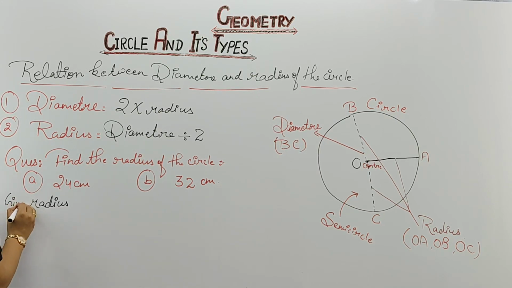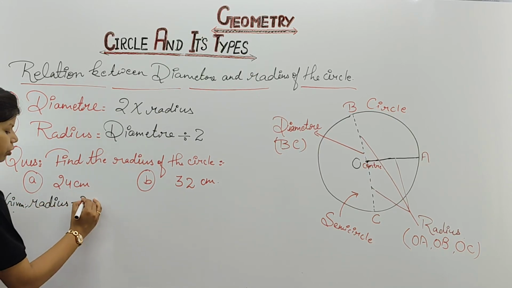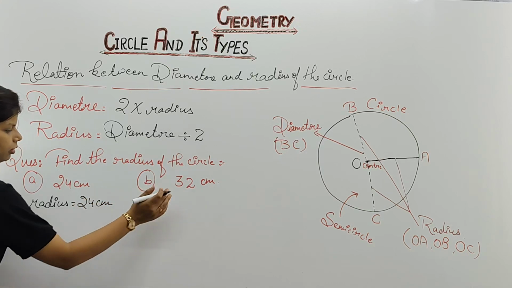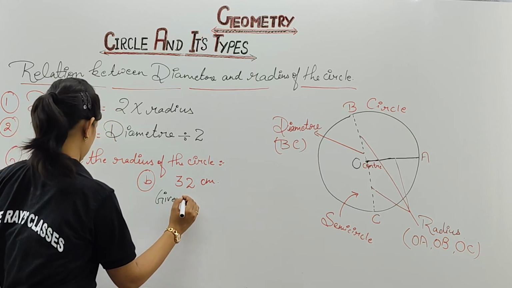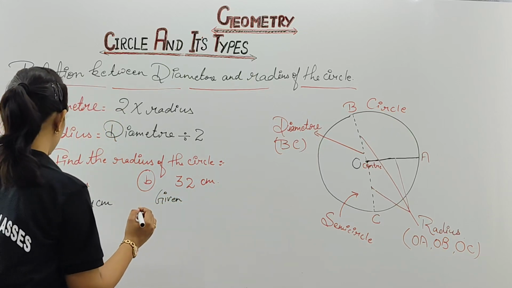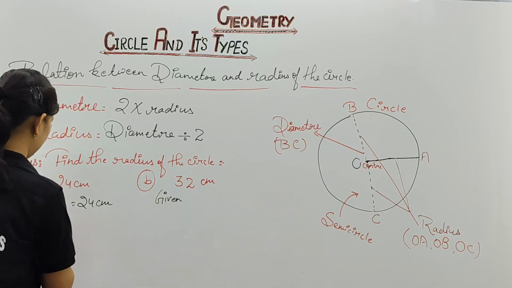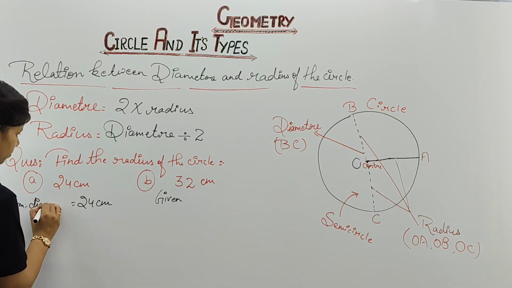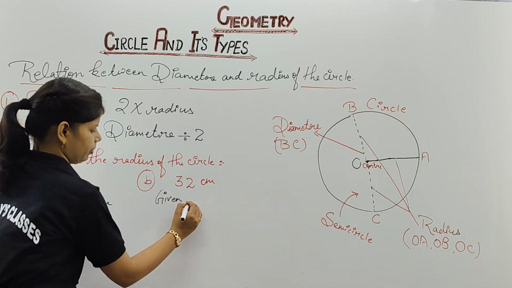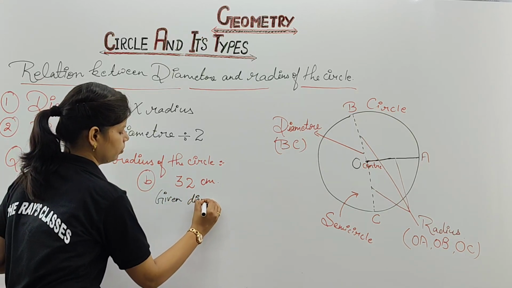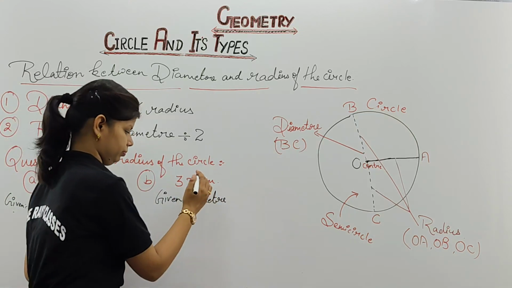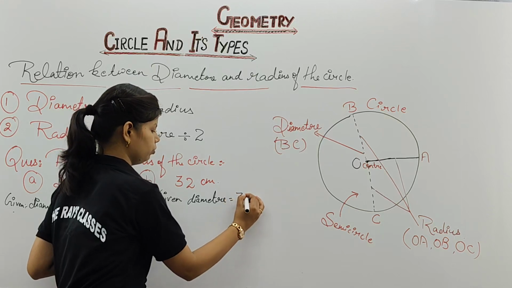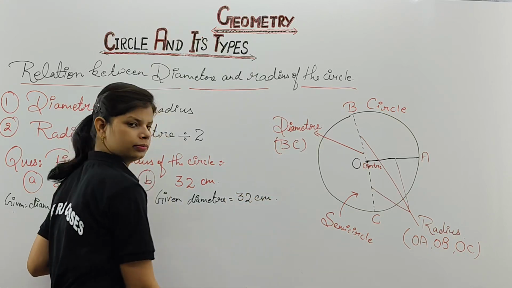Given, radius equal to 24 centimeter. Here also you will write given, sorry, it is not radius, that will be your diameter. Given, because we have to find the radius, no? Given diameter equal to, you can easily find it directly also, but here we have to go with the formulas. Diameter equal to 32 centimeter.